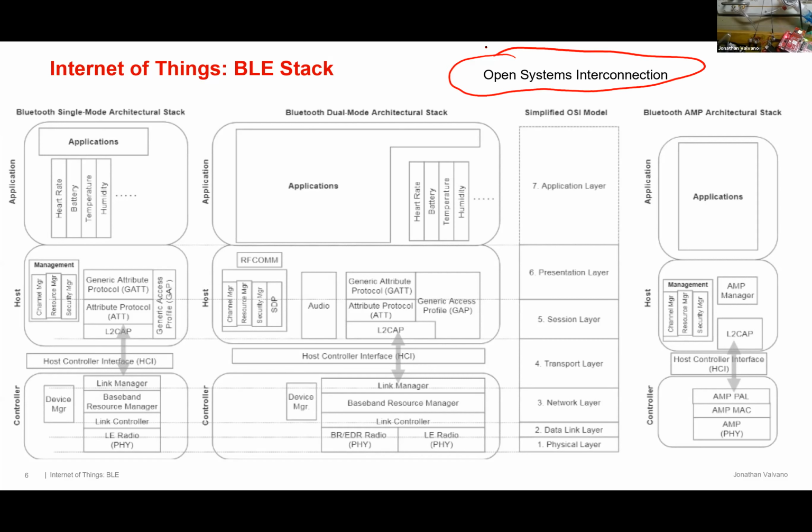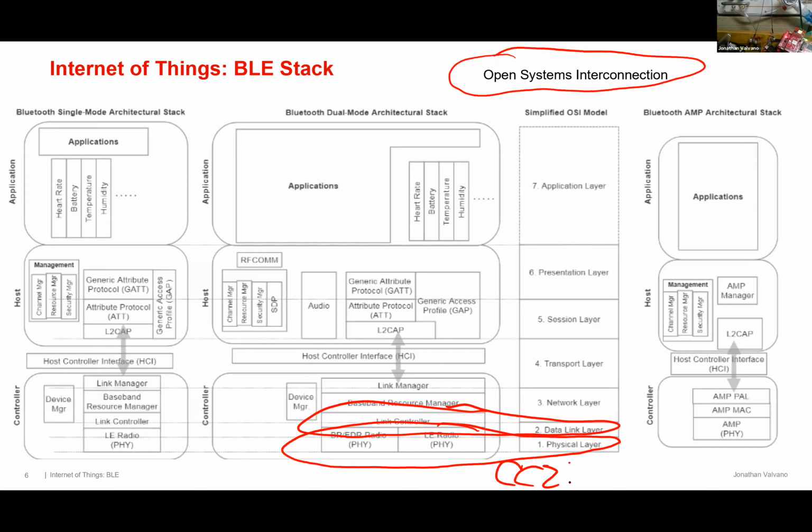But we will have a physical layer here, which is the radio, and a link layer. Again, these two are happening in the CC2650. Then the transport layer, the network layer, all those sort of things will happen up higher.